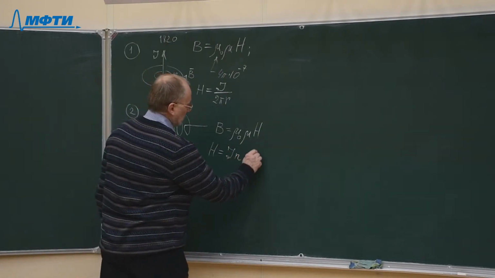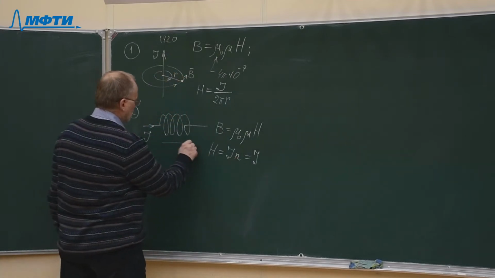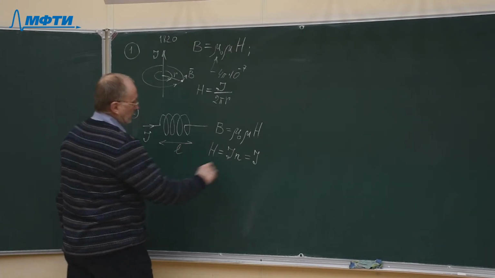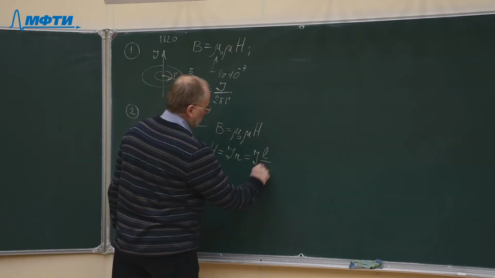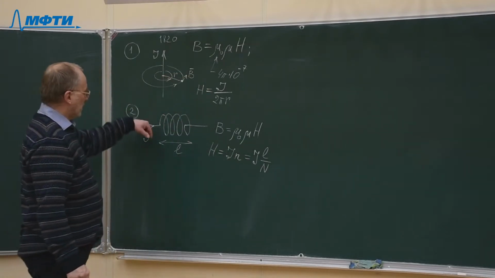So it may be put as the total number of turns of this wire, which forms a coil, divided by the total length, say L.